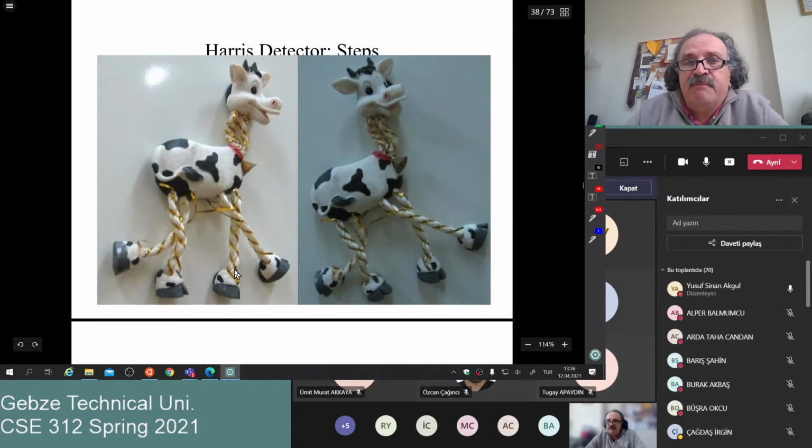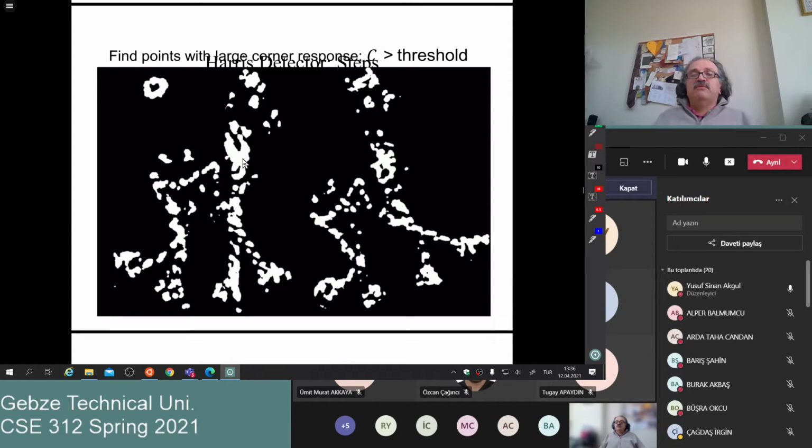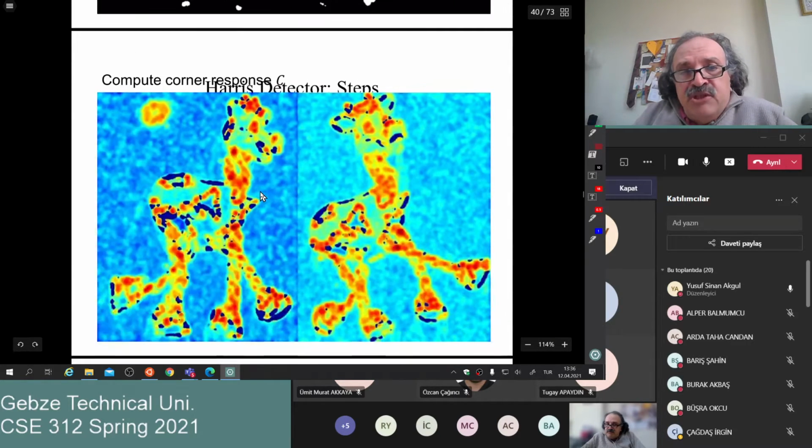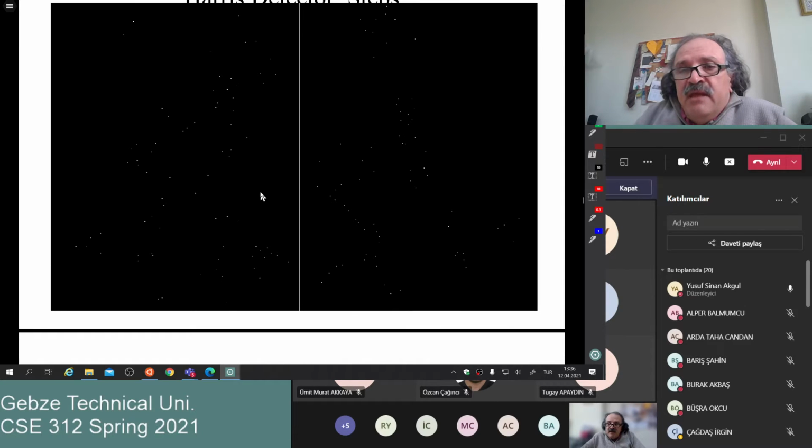And this was one example, the same scene taken with two different camera views and different lighting, and it works. For each point we calculate the C and we pass it through a threshold, and we get this. After non-maximal suppression, we get these points, and these points correspond to each other.